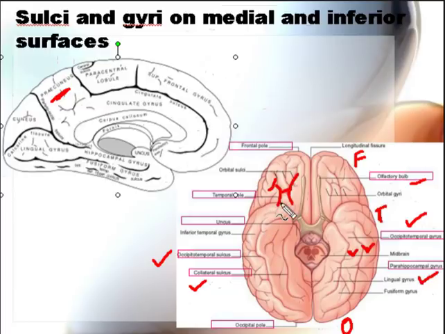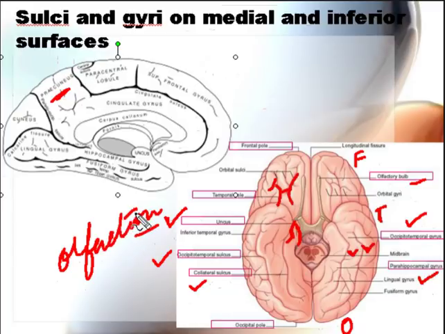This is important because the olfactory bulb comes down and becomes the olfactory tract, and that comes and relays in the uncus. So the uncus is to do with olfaction, and it is also connected to the limbic system. So these are the sulci and gyri which are seen on the medial aspect.